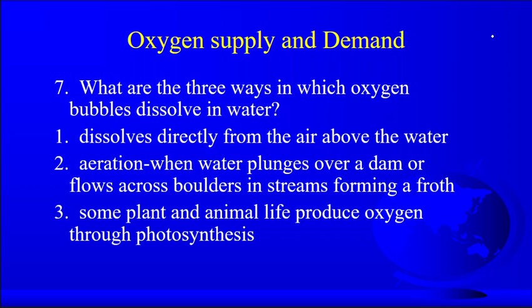Why is it that you can only find it near mountain streams or here in the valley where the water is much warmer near dams? Does anyone know? No, the dams are going to be warm water. Trout need cold water because cold water is going to have a lot of oxygen in it.